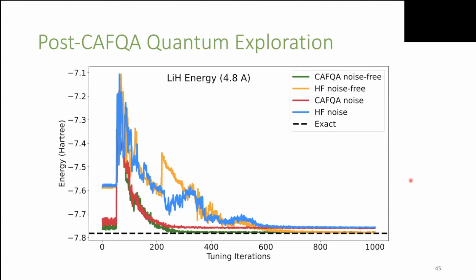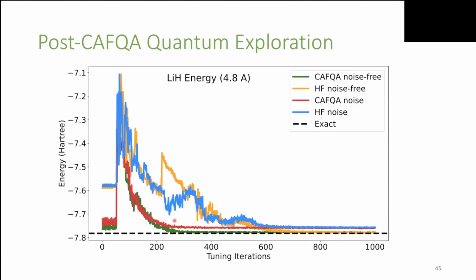And this is an example, finally, of how this initialization actually helps on the real device. But this is funny because today's devices are such that you cannot actually improve over CAFQA's estimations because they are so noisy, right? So you can see the starting point, these red and green lines are already the CAFQA initialization.